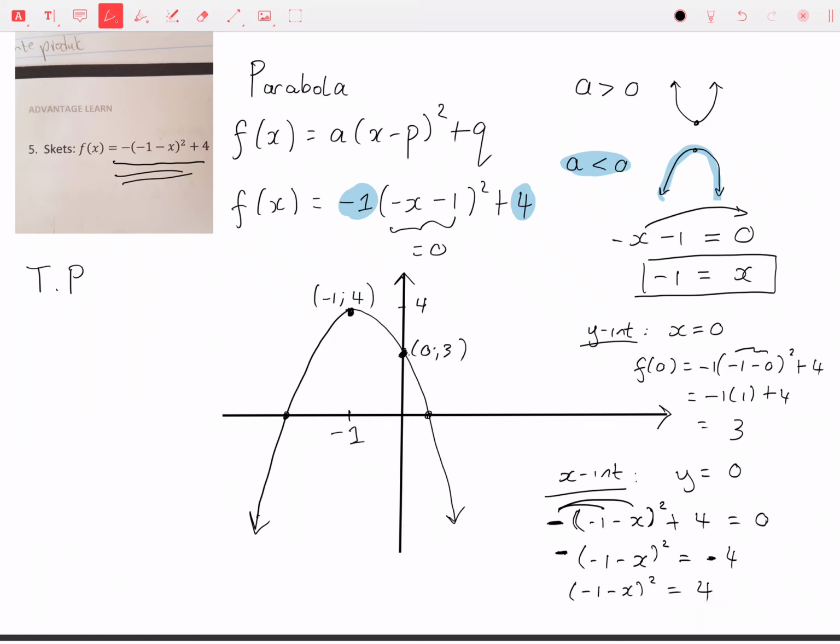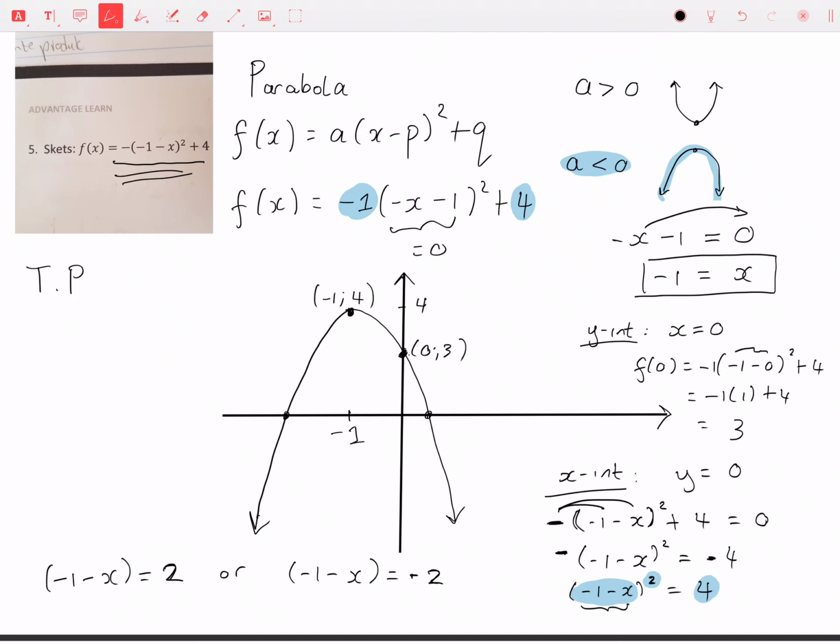Okay, and now look at this. You have something squared equals 4. So do you agree that something, that something inside the brackets, must either be positive 2 or negative 2? Look how smart that is. Because you just want something inside this bracket squared equals 4. What gives you 4 when you square it? 2 or negative 2.